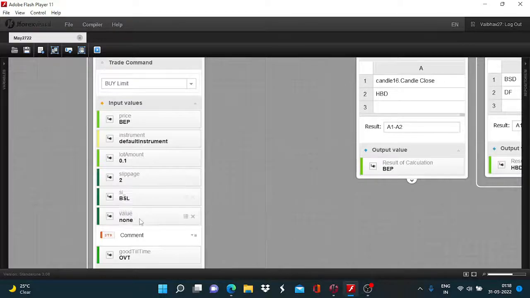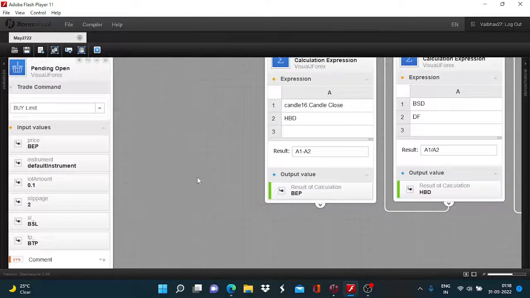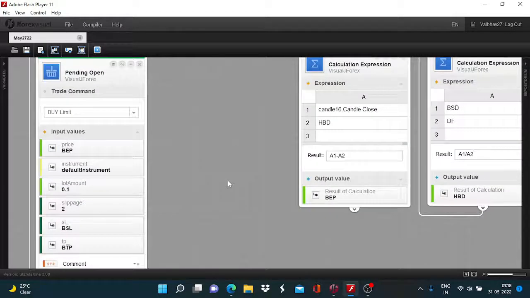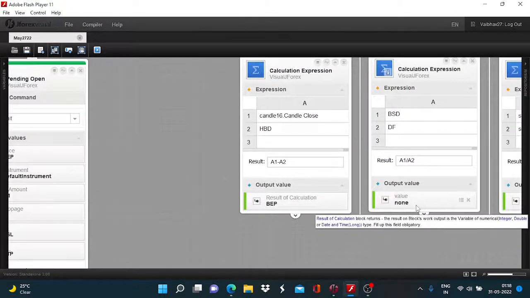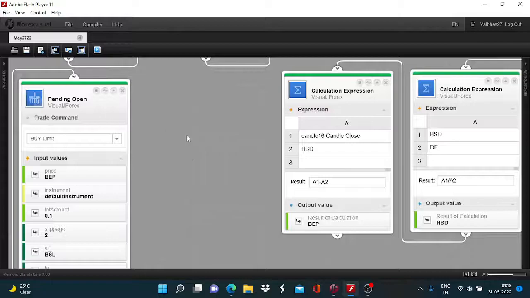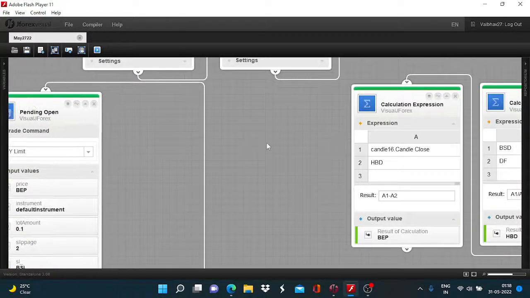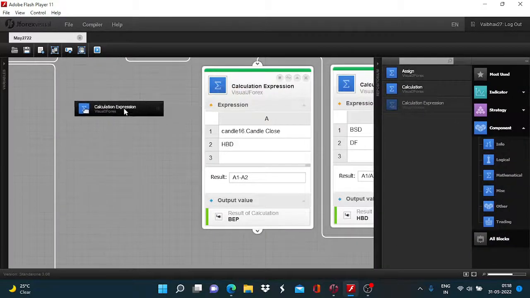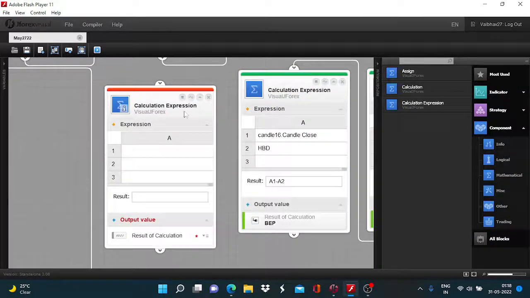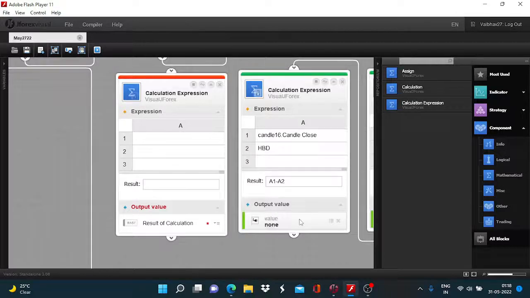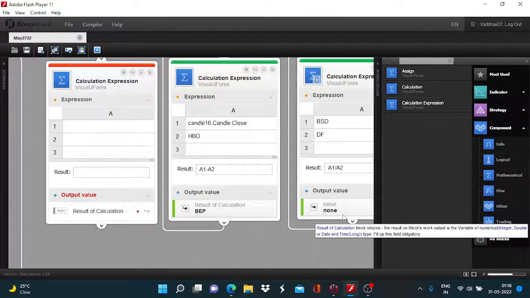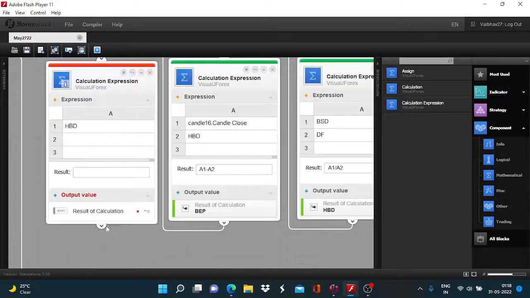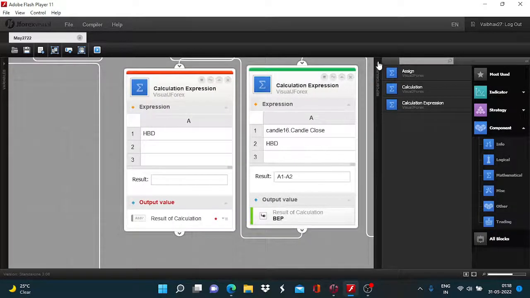Now coming to the stop loss and take profit, that is also going to be in proportion of the actual difference of the SAR output. So we take this calculation and multiply it with pip conversion factor. That will be our stop loss. So here I have this.